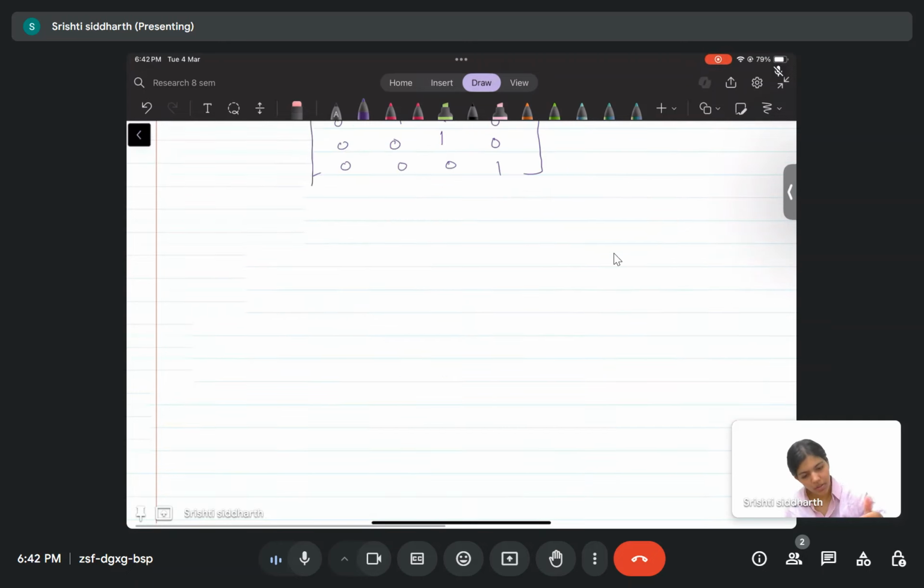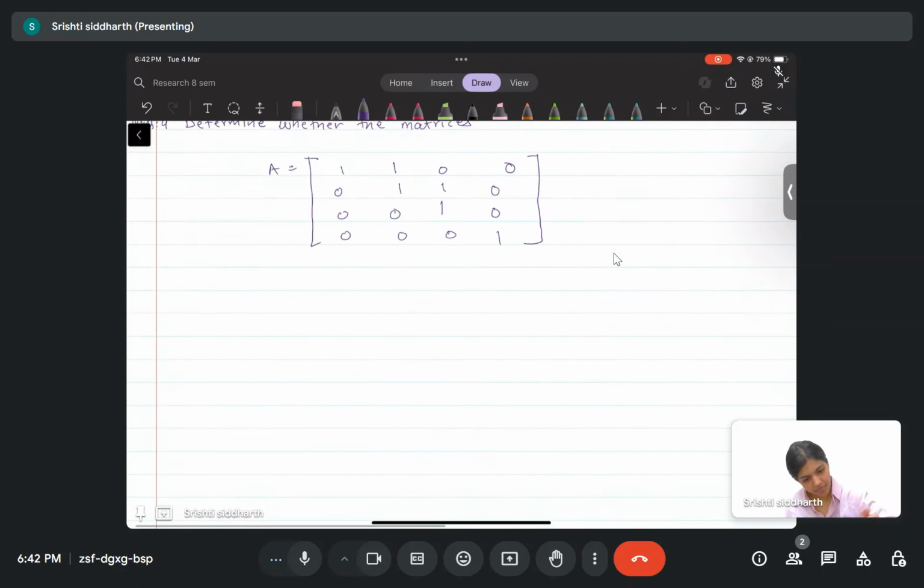And the other one is minus 1, minus 1, 0, 0, minus 1, 0, 0, 0, minus 2. Whether these are cyclic or not.